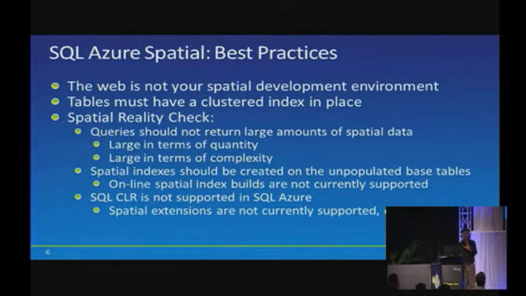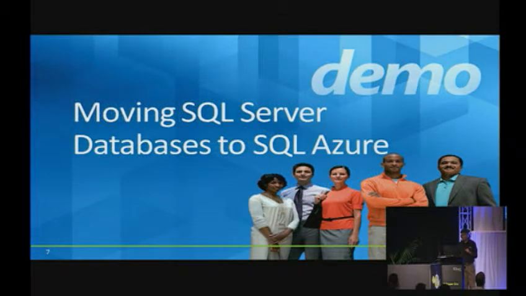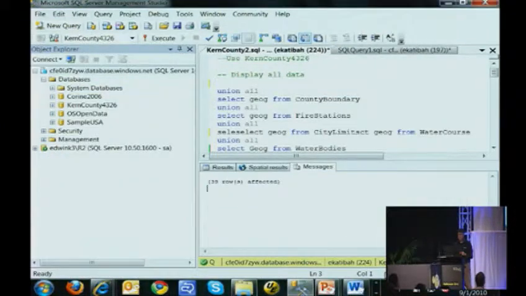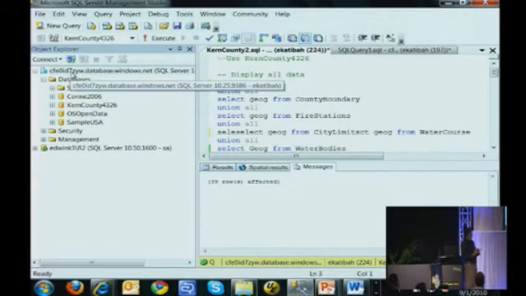So with that out of the way, let's take a look at some interesting things here. So first thing I'm going to do is bring up my Management Studio instance here. And you will notice over here that I've got a funny named SQL Server instance up here.